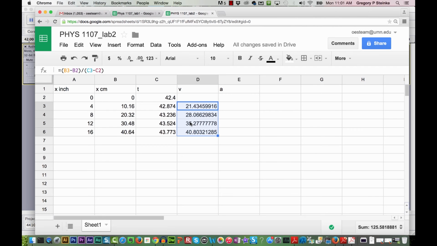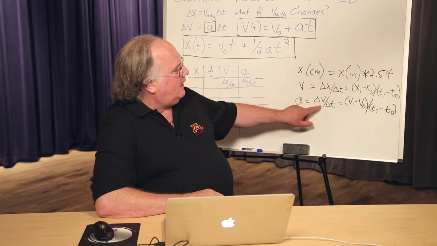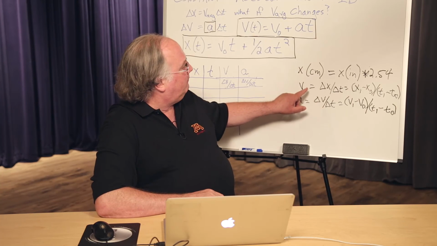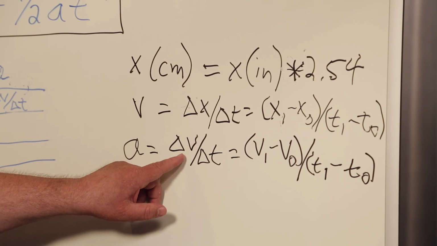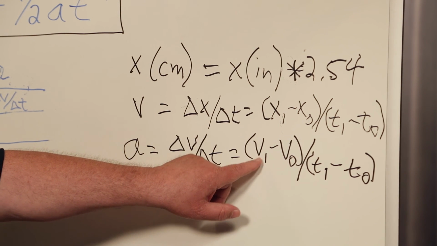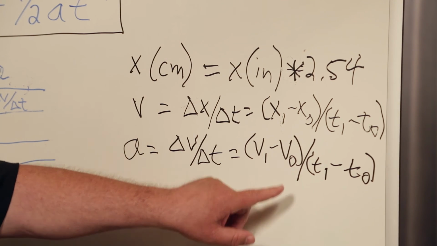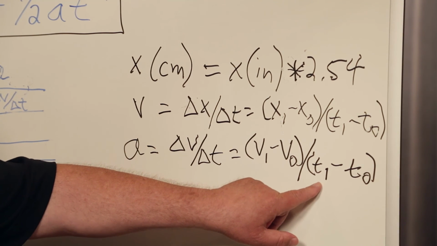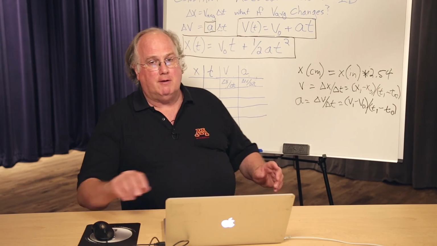The last column is the acceleration column. And to do this, we're going to do the same kind of trick as we did for velocity. We're going to take the change in velocity, that means the velocity in a cell minus the velocity above it, divided by the time in a row minus the time above it, and call that the acceleration.